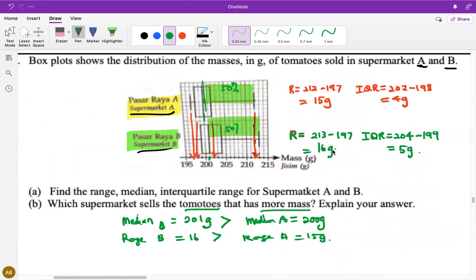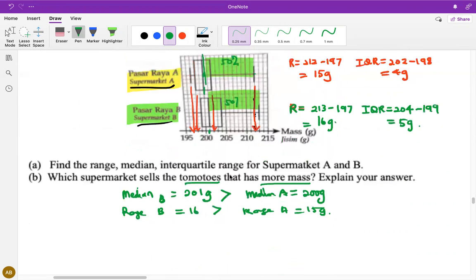Okay, and then this one is where's the mass? Okay, so has a greater mass, then you see the median and also the range also here. So more mass means the median is bigger compared to the others, and also the range is greater than the others, right?